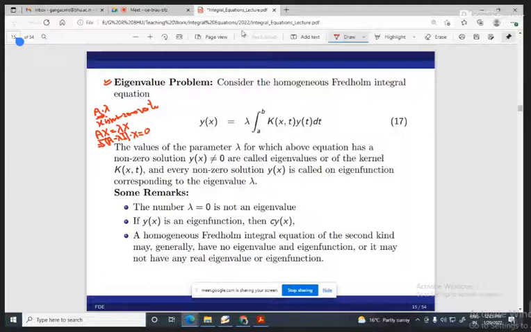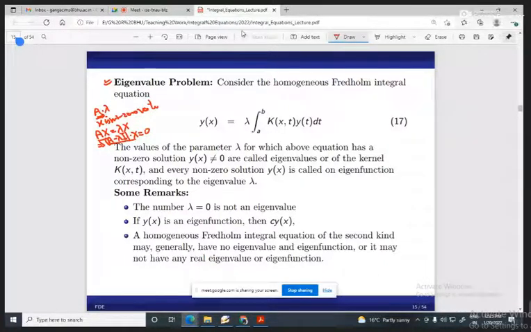So it is a homogeneous equation in x, where x is the vector, lambda is any scalar, and I is the identity matrix. (A minus lambda I) x equals 0 is a homogeneous equation.